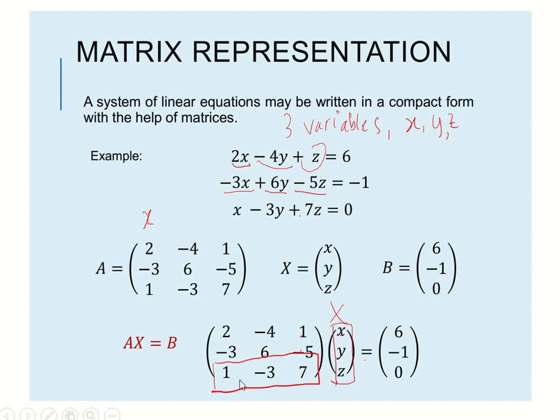It will be 1 times x, 1x, -3y, plus 7z equals 0. Okay, so as we can see, when we multiply the matrices in the matrix equation, we get back the system of linear equations.